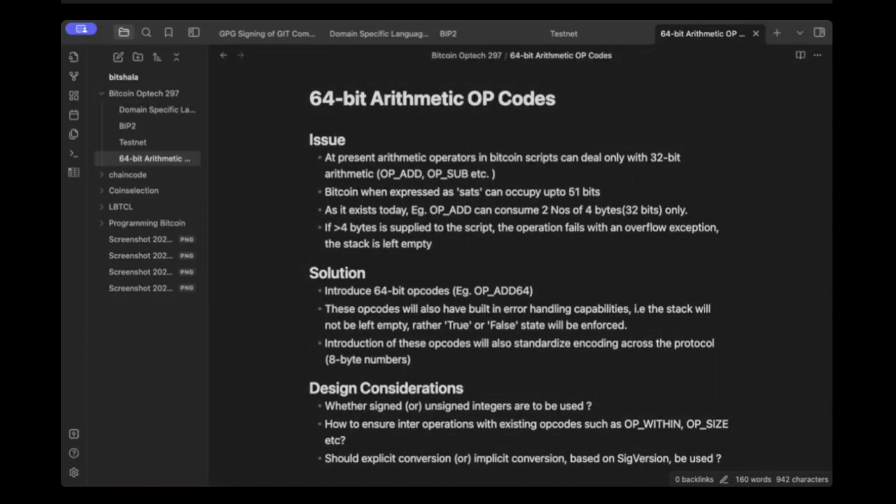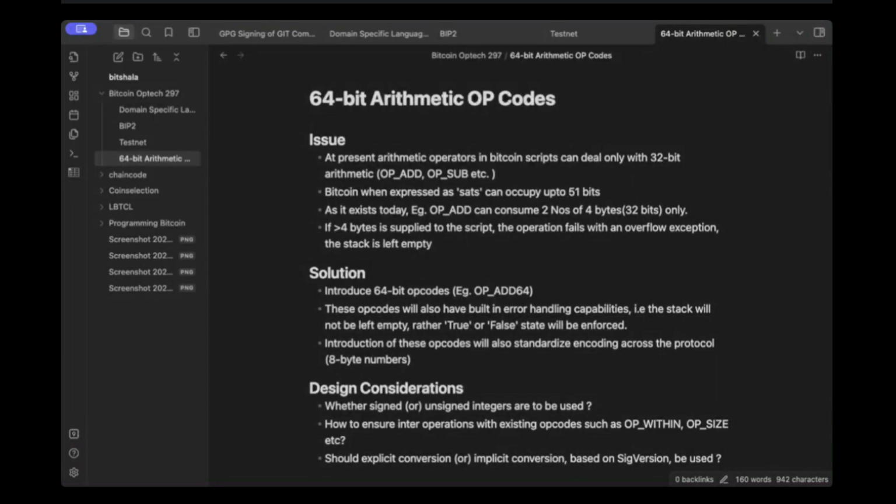So if you want to perform an arithmetic operation between two values representing sats which are greater than 32 bits, then with the current opcodes, it's a problem.